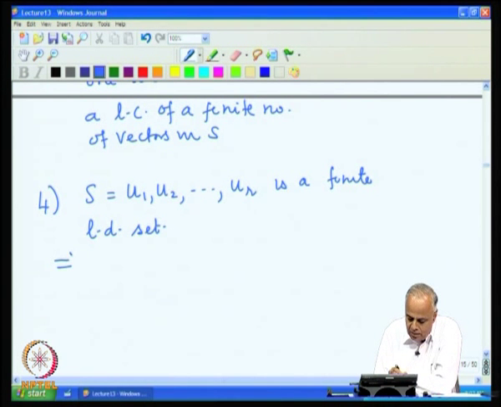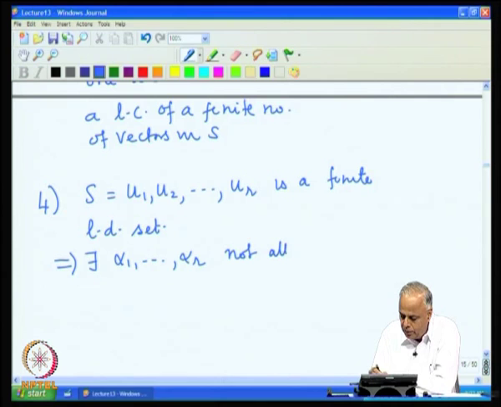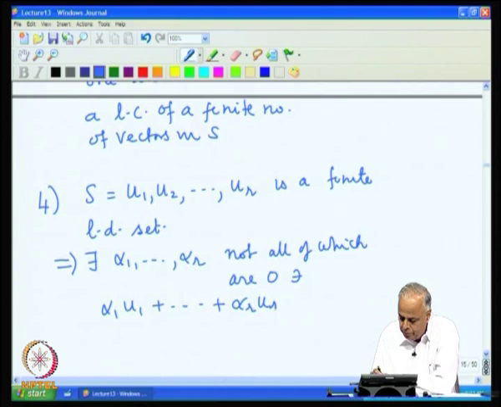So, there exist alpha 1, alpha 2, ..., alpha r, not all of which are 0, such that alpha 1 u1 + ... + alpha r ur is equal to theta v.